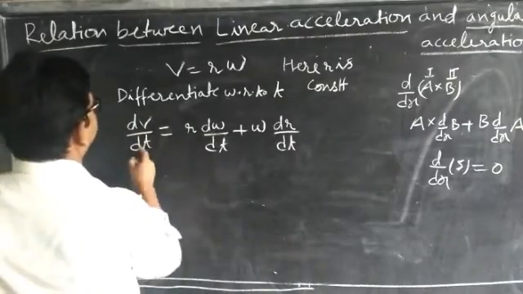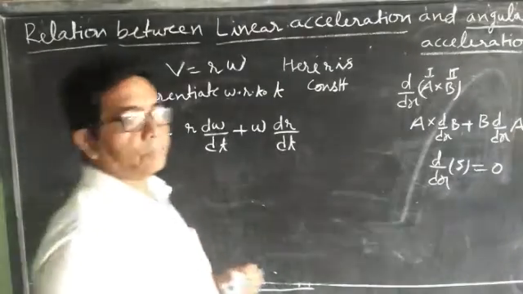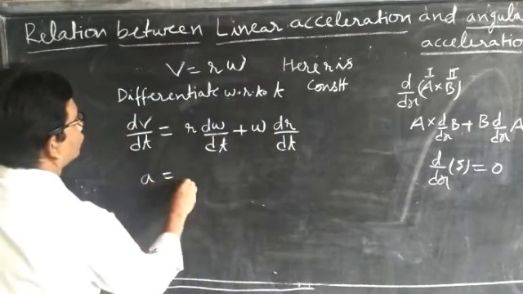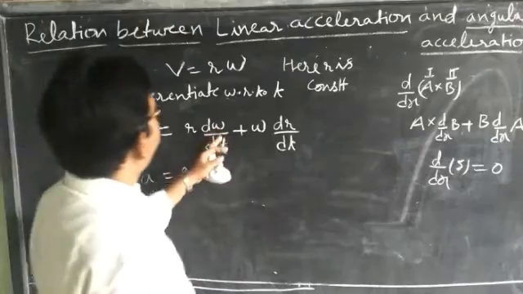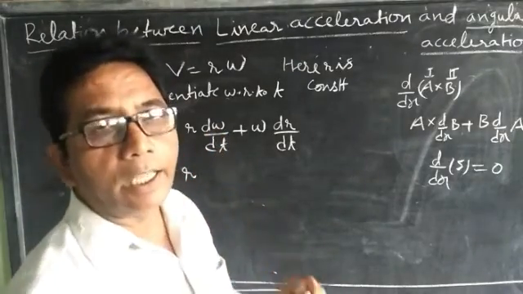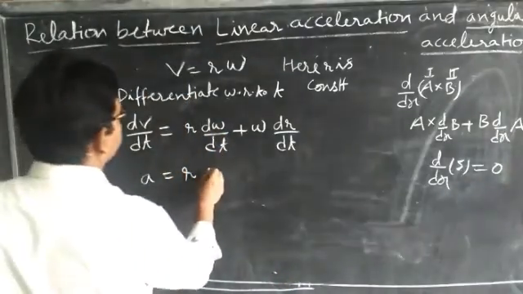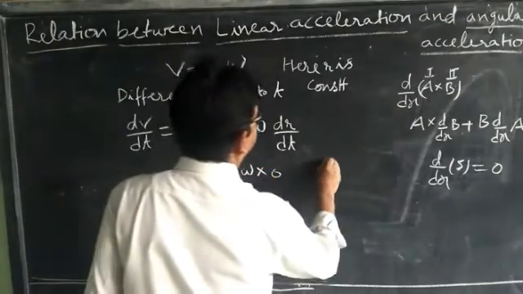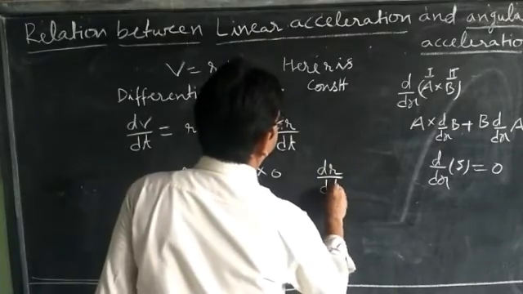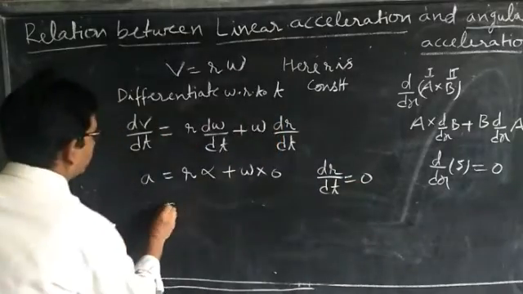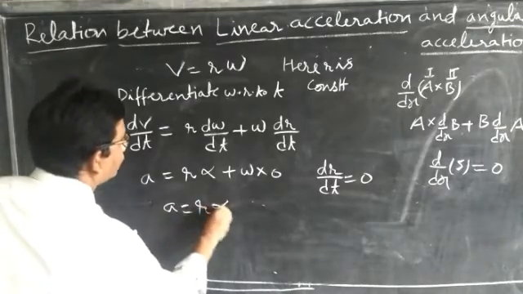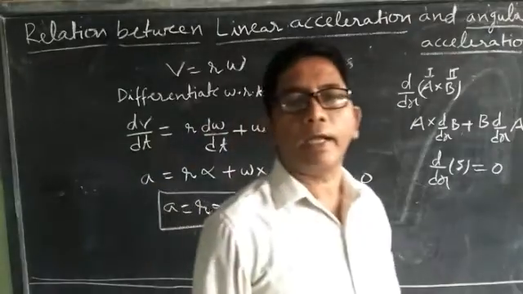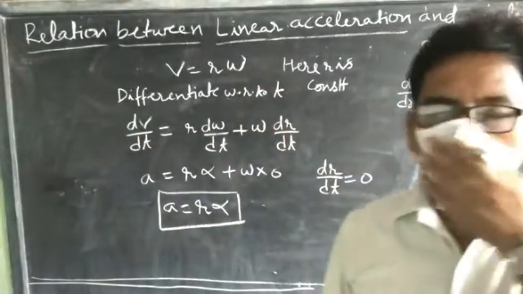Then dv upon dt, the rate of change of velocity, is known as acceleration, a, is equal to r into the rate of change of angular velocity, which is called angular acceleration, that is alpha, plus omega into 0, since dr upon dt is equal to 0. Therefore a is equal to r into alpha. Here a is linear acceleration and alpha is angular acceleration.